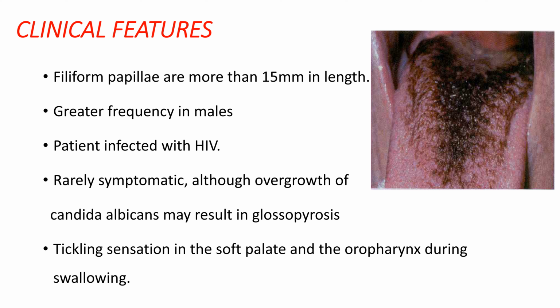Patients with hairy tongue may also be infected with HIV. Hairy tongue is rarely symptomatic, although overgrowth of Candida albicans may result in glossopyrosis. Glossopyrosis means a burning sensation on the tongue.